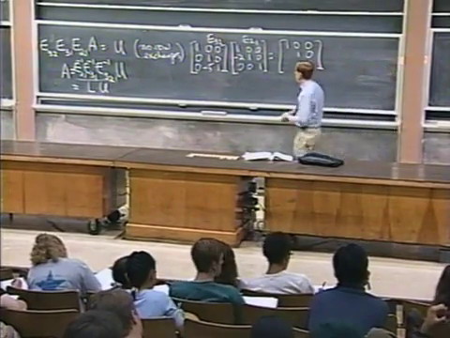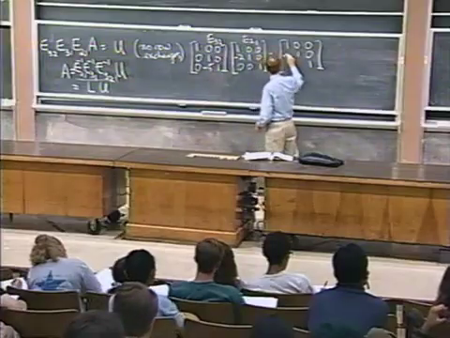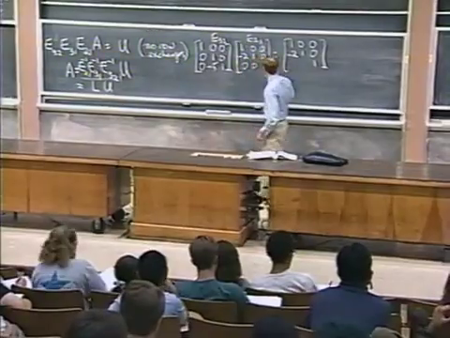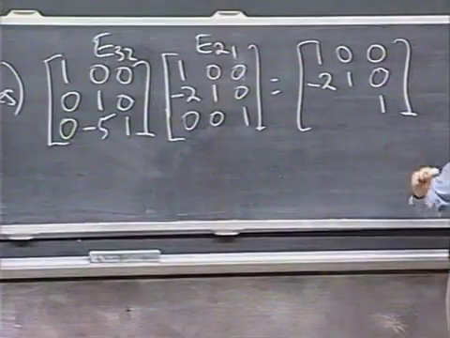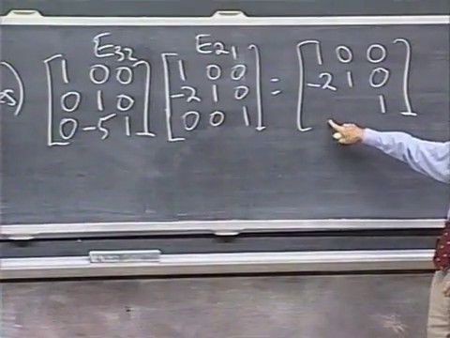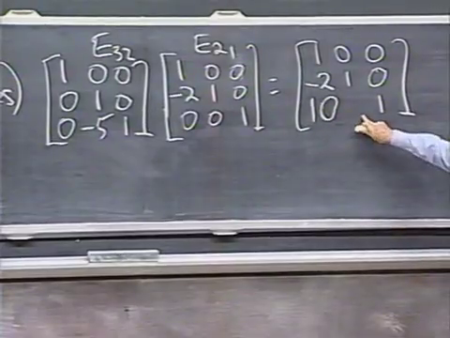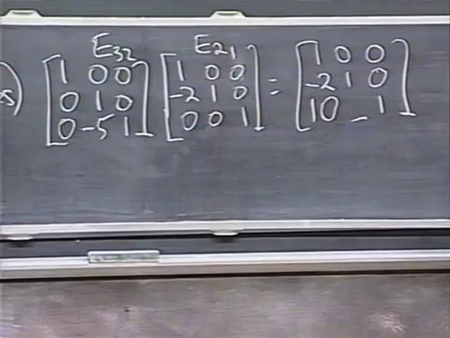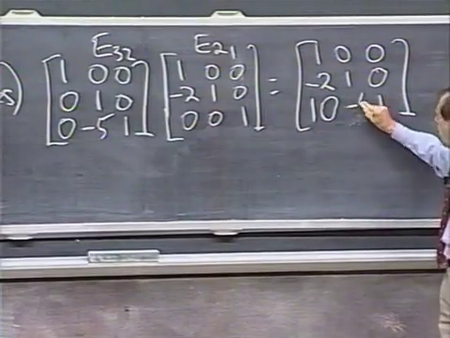Okay, now really what I have to do is check this, -2, 1, 0. So what's that number? This is the number that I really have in mind. That number is 10. And this one is, what goes here? Row 3 against column 2 looks like the -5.